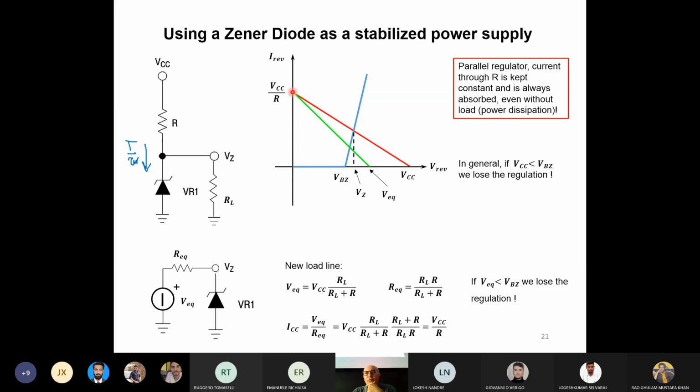And then we draw the line from here to here. So if we don't have any load, we can say that the operating point for the diode is this one, which corresponds to a certain VZ, that is the output voltage, and a certain current here. The current here is basically the I reverse that is flowing through the diode.